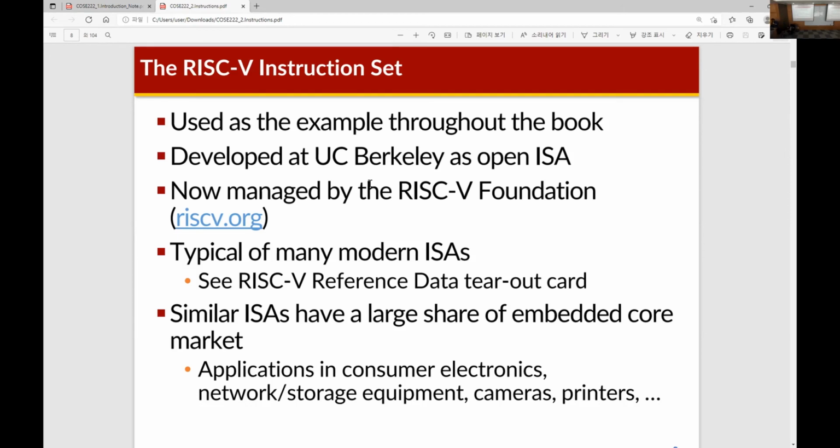This RISC-V ISA was developed at UC Berkeley. Actually, the authors of this book, Patterson and Hennessy, invented the RISC-V instruction set architecture. And the main feature of RISC-V is that it is an open ISA. So what does that mean?